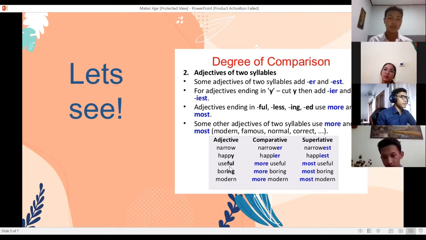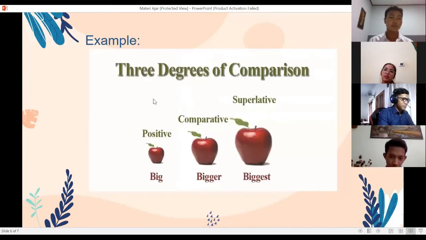For example, useful: the comparative is more useful, and the superlative is most useful. I give you an example. There are 3 degrees of comparison. The first, apple is big for positive degree, and then bigger, biggest.